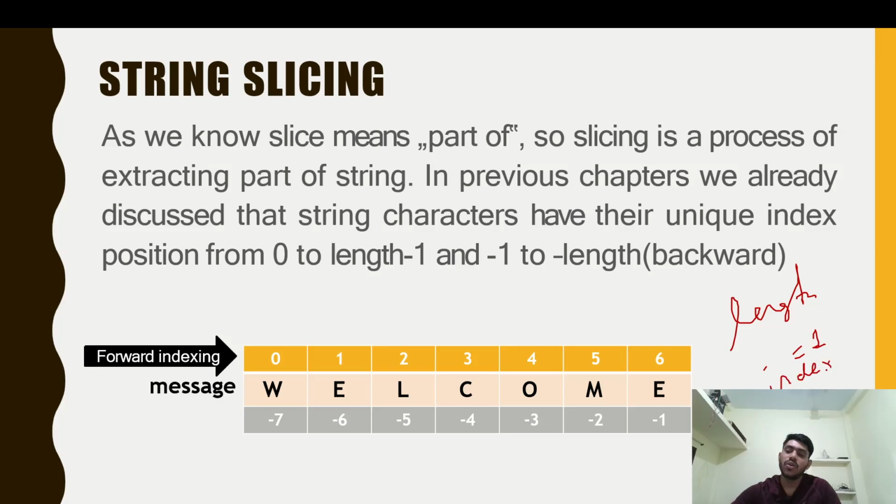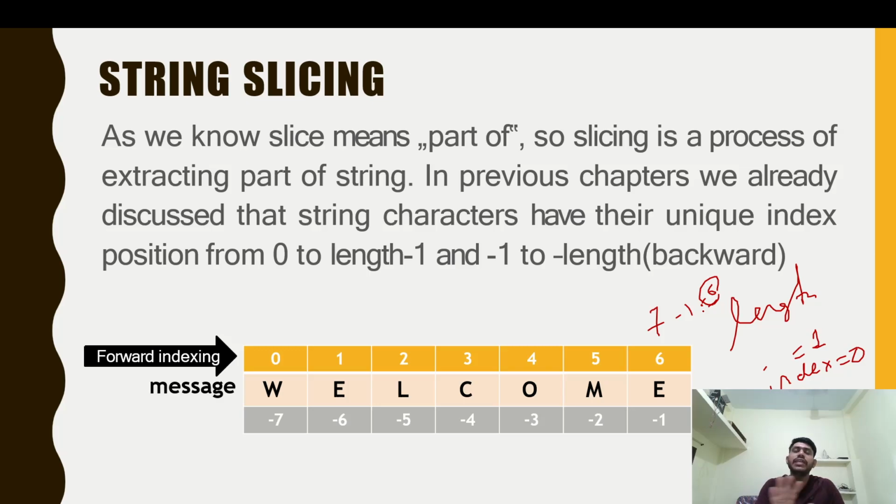Index always starts from 0. So, it will always move up to length -1. Suppose the length is 7, so 7 minus 1 is 6. So, you can see here in forward indexing it will move up to 6, right? Backward indexing is -1 to minus length, -1 to -7. Okay, that is the thing. Clear my point?